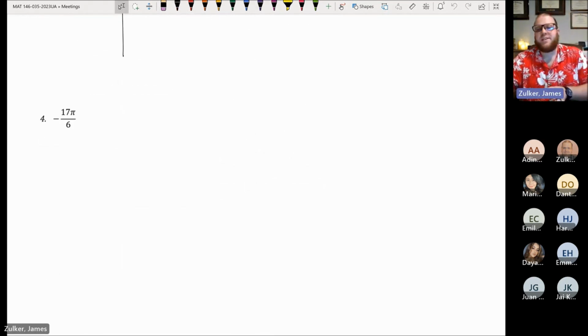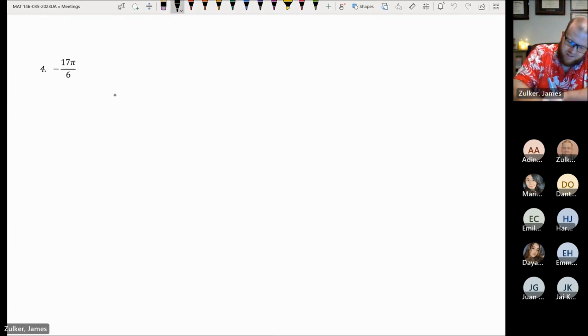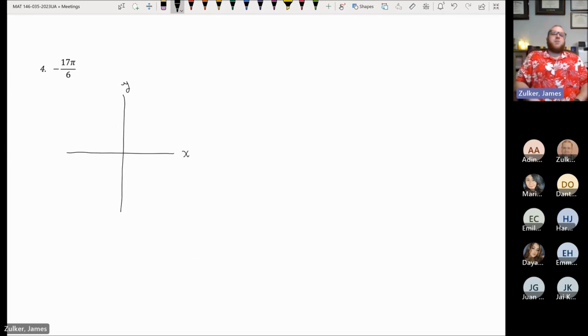Negative 17 pi over 6 in standard position. Well, the first thing to note, since it's negative, we are going clockwise. It's also more than a revolution.